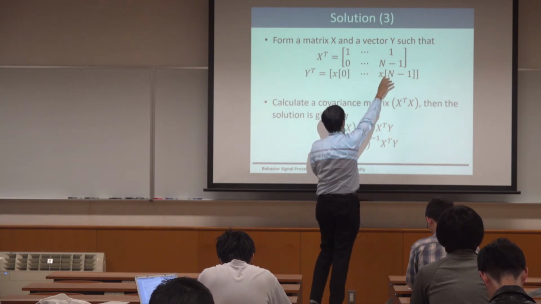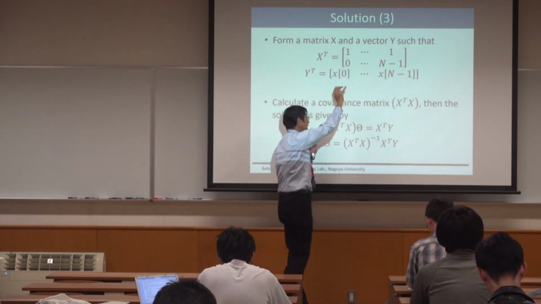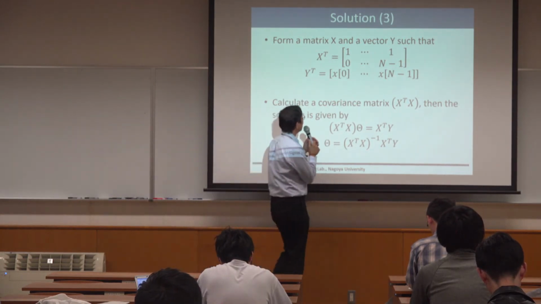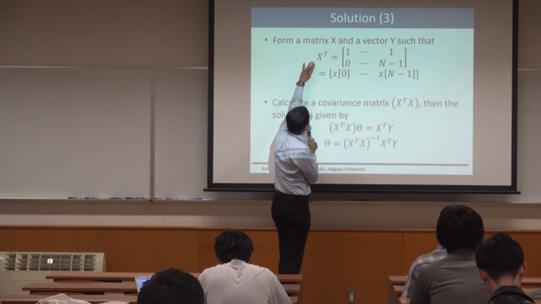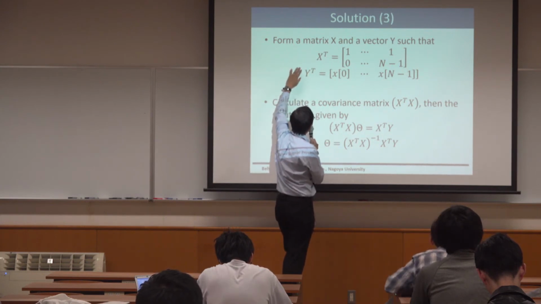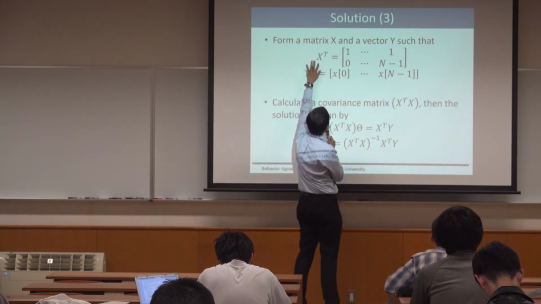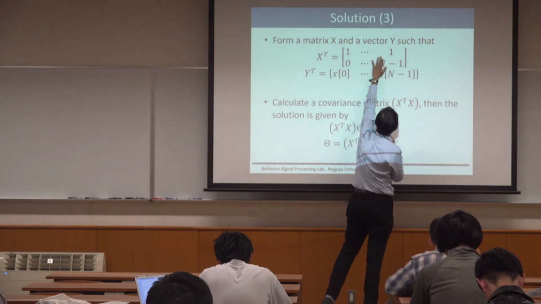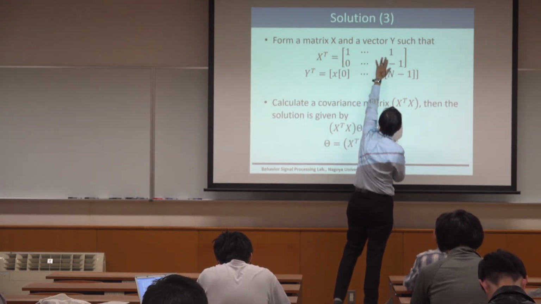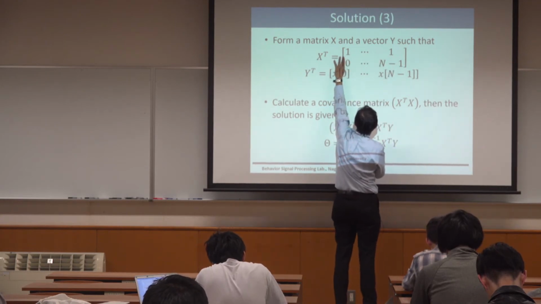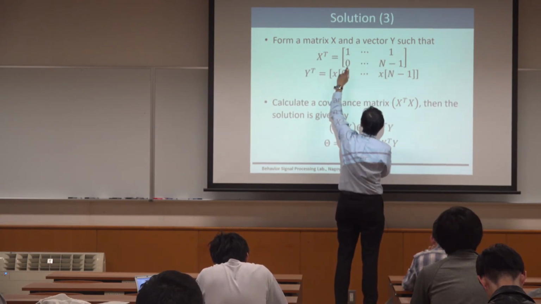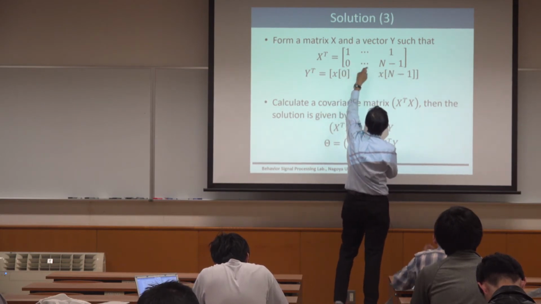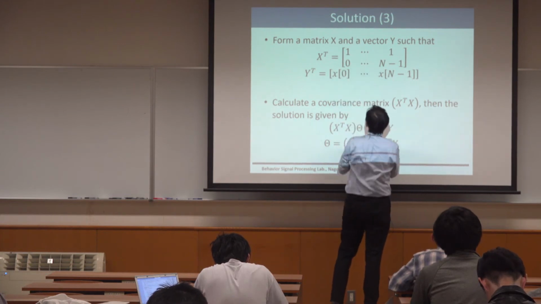Okay. Let me describe the previous equation based on a much simpler matrix, not like A. Let's begin from the X matrix, which has a value of 1 in each element of the first row, and the values from 0 to n minus 1 in the second row.